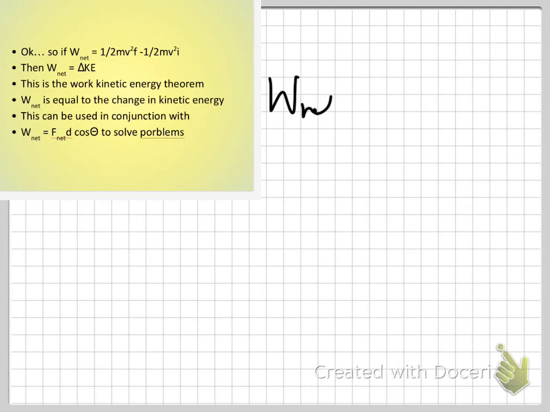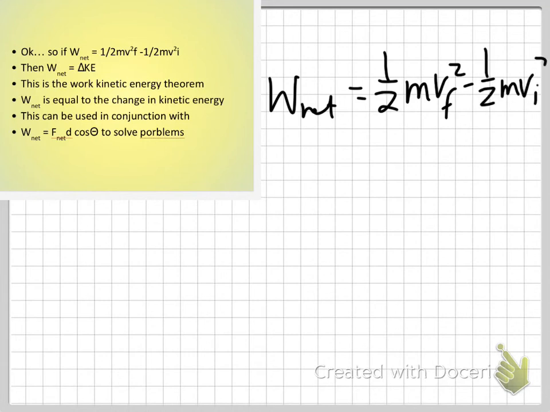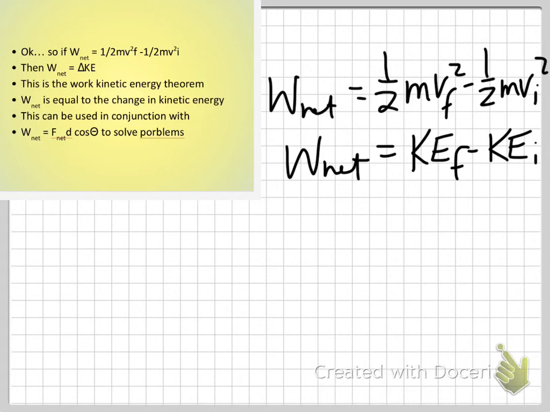So, the net work done on an object is equal to 1/2 its mass times its final velocity squared minus 1/2 its mass times its initial velocity squared. In other words, the net work is equal to KE final minus KE initial.